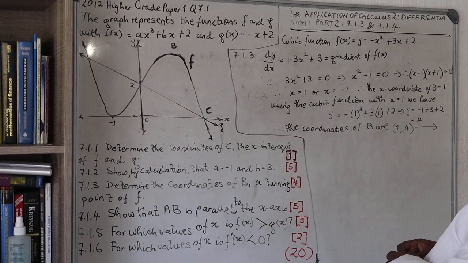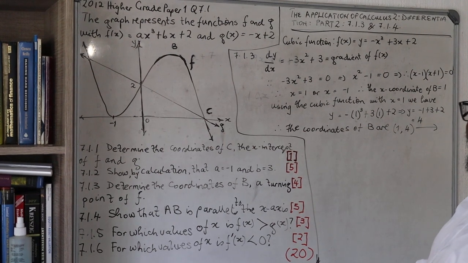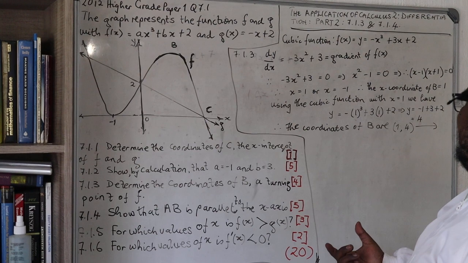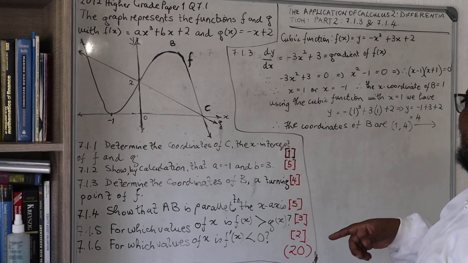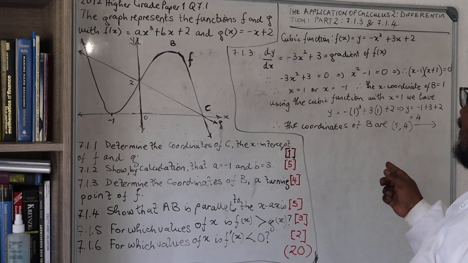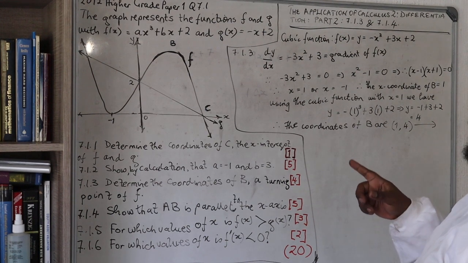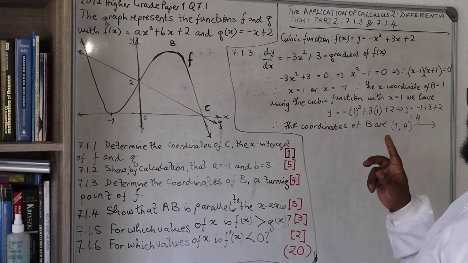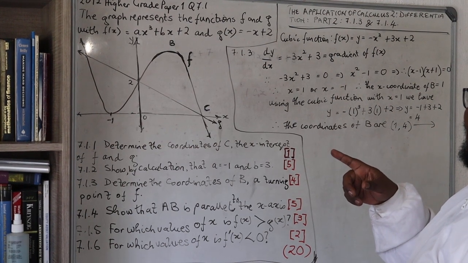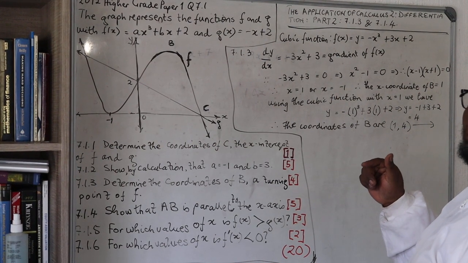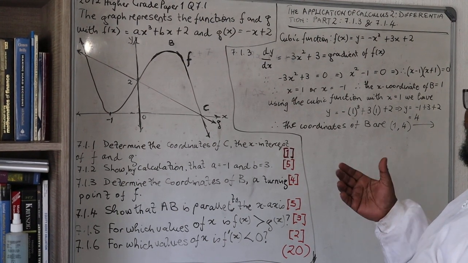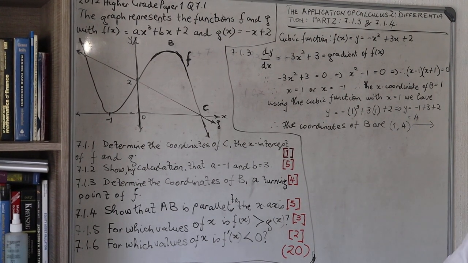So in other words, we need to find the coordinates of A, and if the y coordinate of A is equal to 4, then we know that the line that joins A to B is indeed parallel to the x-axis, because the gradient of that line will be 0 and the gradient of the x-axis is 0.